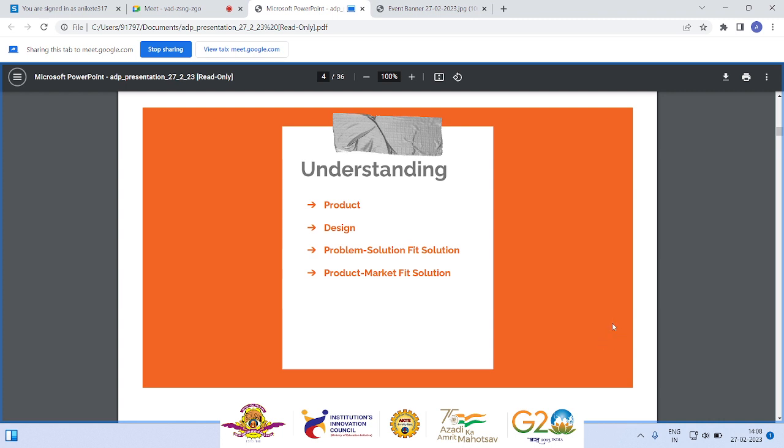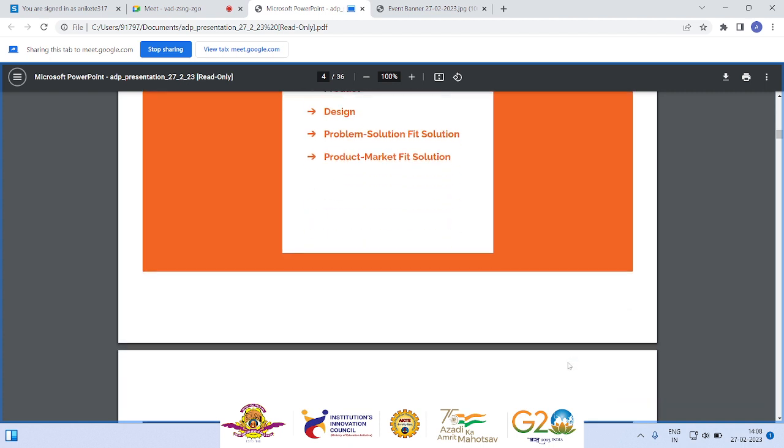We should know what a product is, then the different aspects regarding products. Then we should go into the design considerations, design aspects of the product. After that, you can go for the problem solution fit and product market fit. So how to fit in these two entities, that we will see. So we will go first one by one.